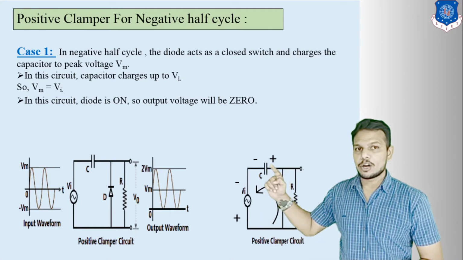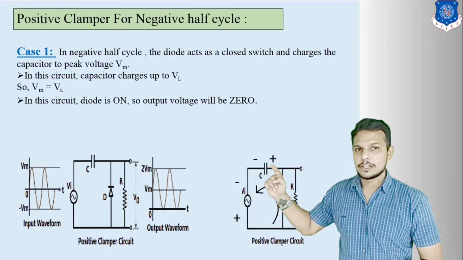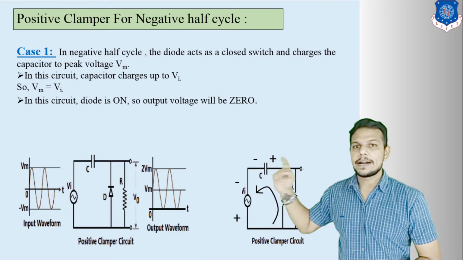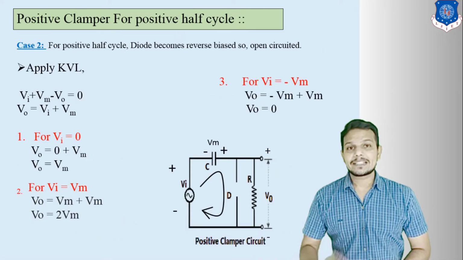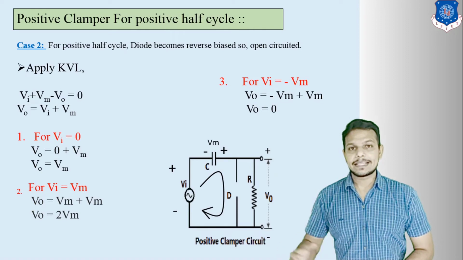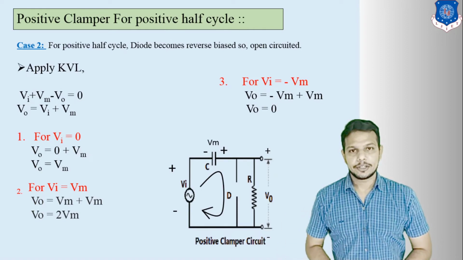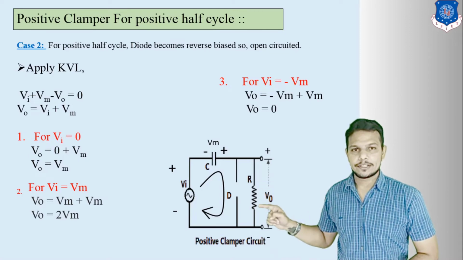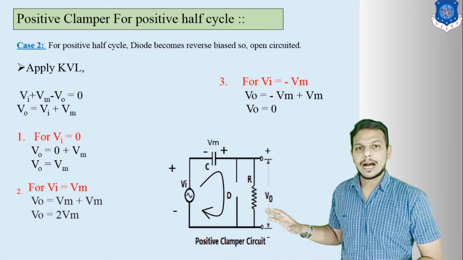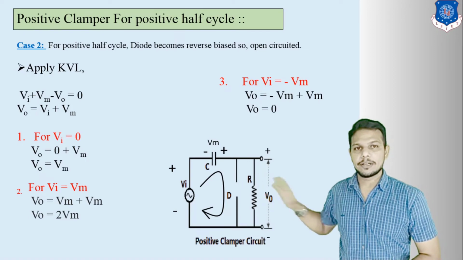So the first terminal of the capacitor is this, so it becomes positive and the other terminal becomes negative. Here the capacitor is charging. In case number 2, the capacitor is actually discharging across this RL, or we can say the resistor, because we will get output voltage across this terminal.